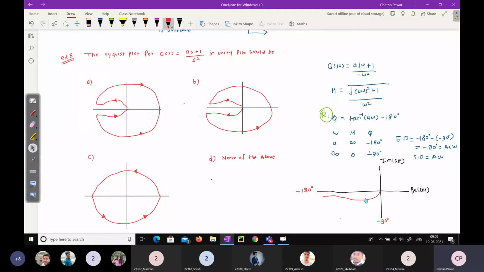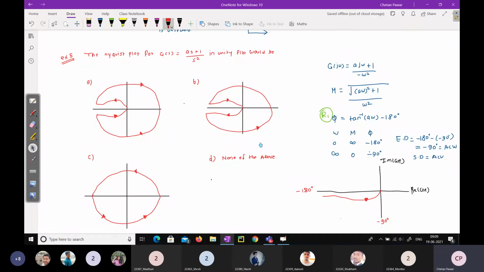At omega equal to infinity, magnitude is 0 but angle is minus 90 degree. So this will be the polar plot.